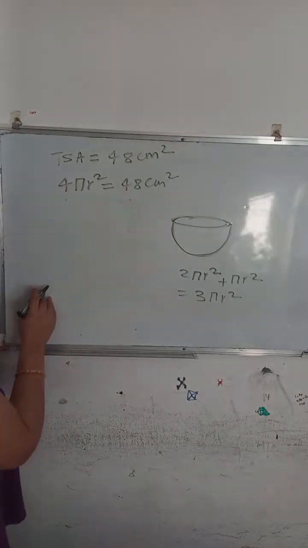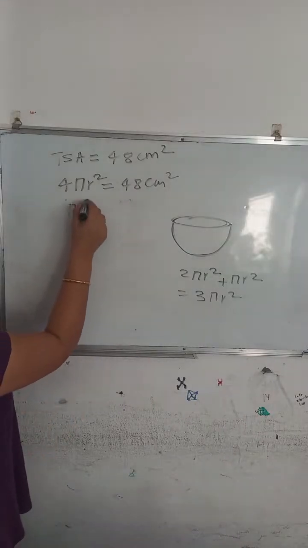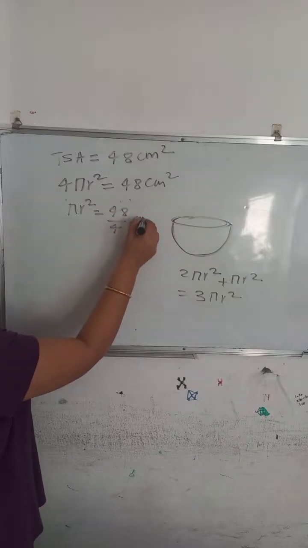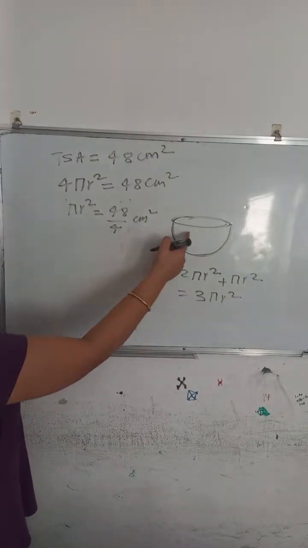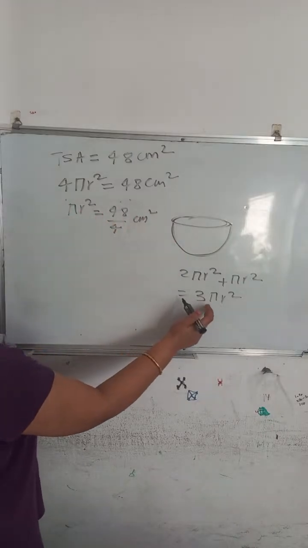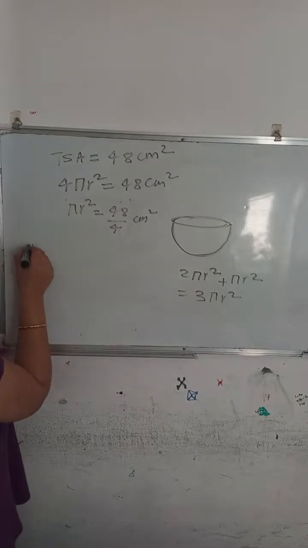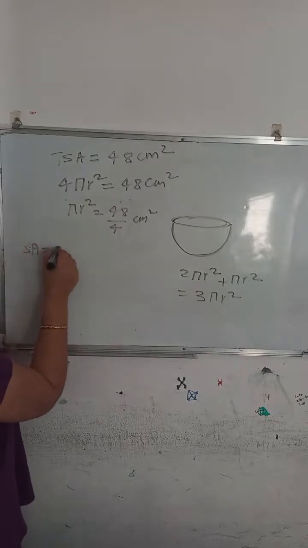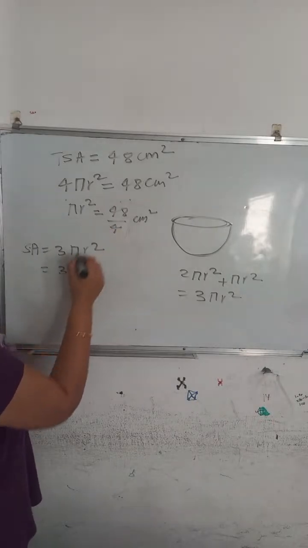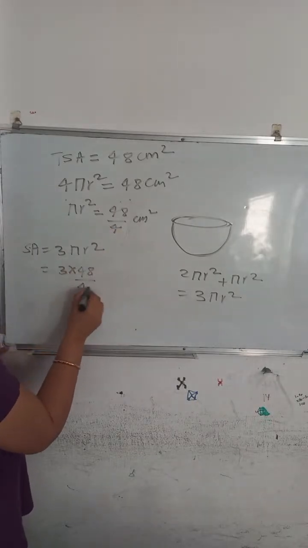So I will keep pi r square as it is and write 48 by 4 centimeter square. Now when you cut it into two parts, the surface area will become 3 pi r square, which is 3 times 48 by 4.